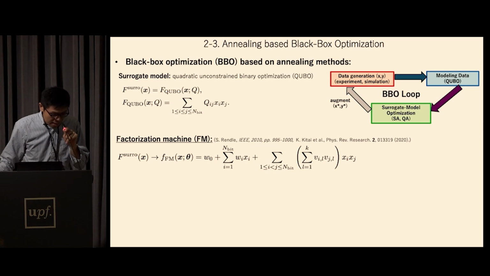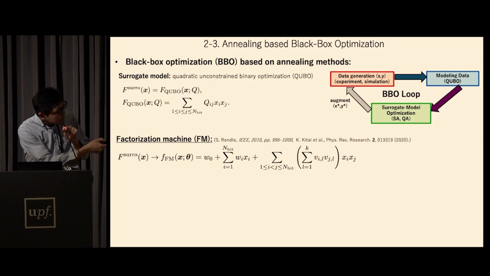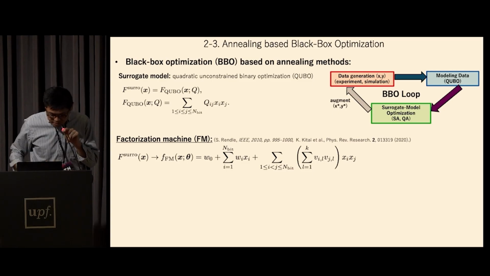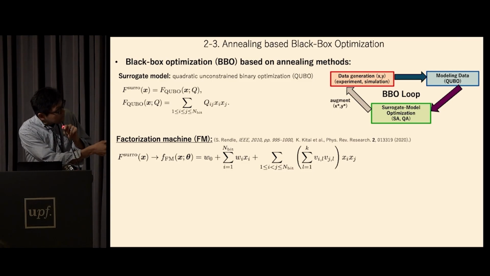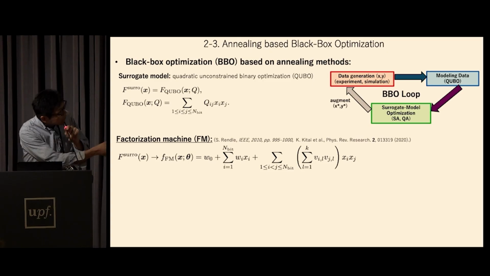Recently, a class of machine learning model called factorization machine has been applied in this context. This is the mathematical form of the factorization machine. The W's and V's are trainable parameters, and I'm going to call them FM parameters.